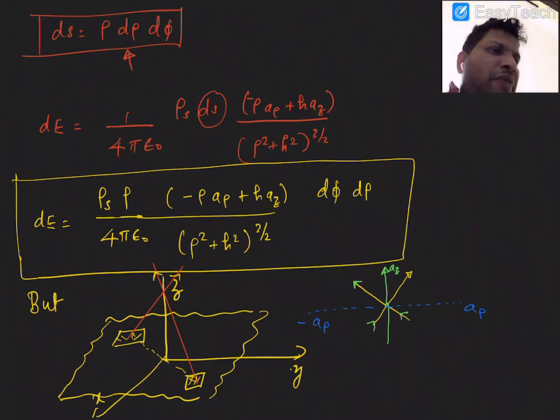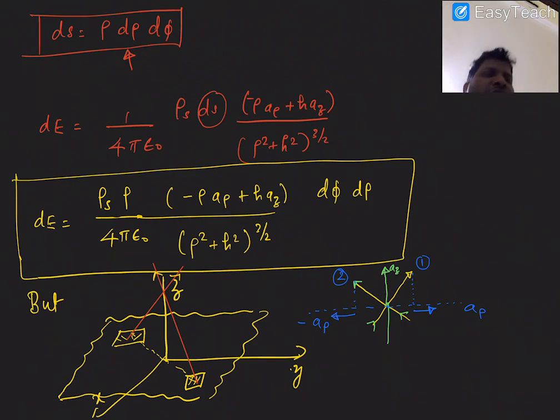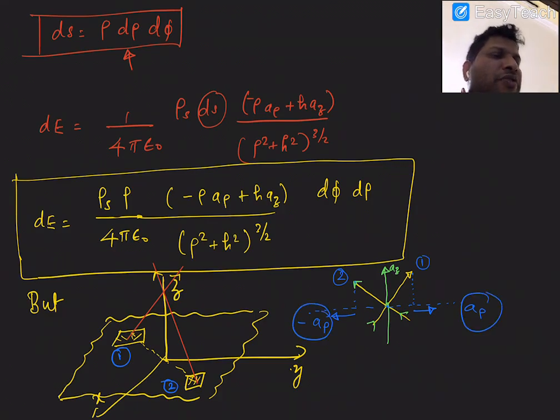Now if you are resolving this vector, let's say this is 1 and another one is 2, if you are resolving 1, you will get a component in the direction of the arrow, and from 2, which is diagonally opposite, let's say this is piece number 1 and this is piece number 2, from the small differential piece you will get two components. One will be in the direction of the arrow and another in the direction of minus arrow.